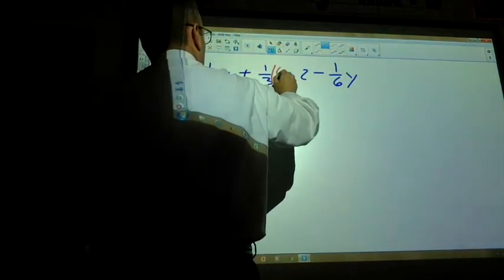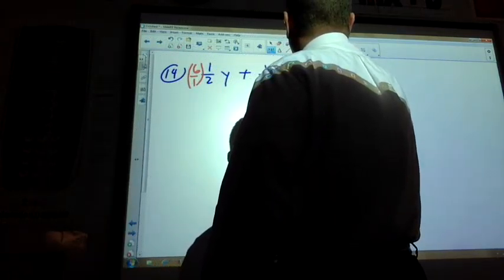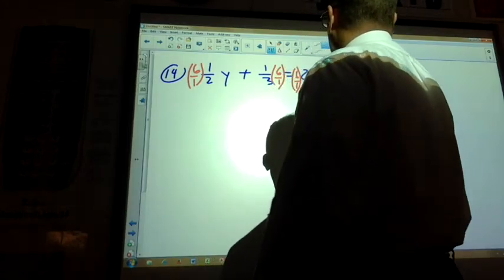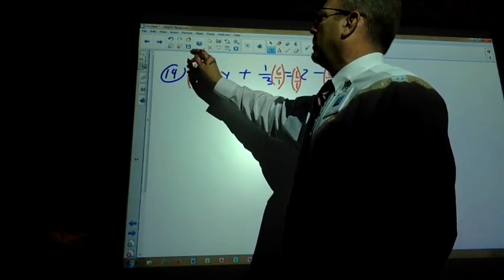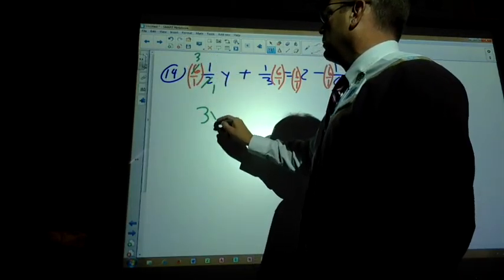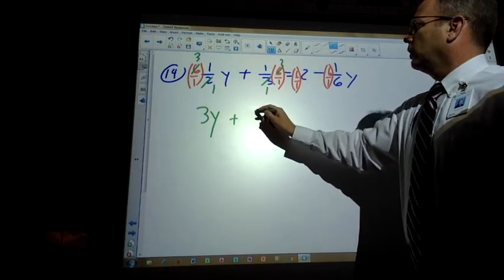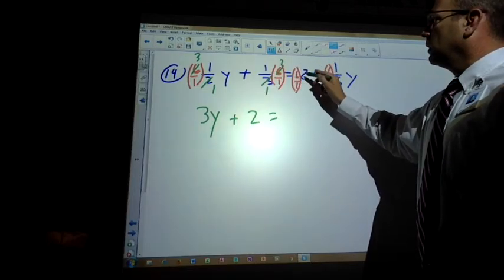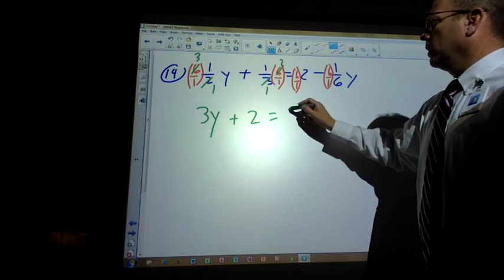I'll multiply that by 6 over 1. And this by... Why do you want negative? Because it's a negative one. Don't worry about that. We'll take care of the negative later. All right. So 2 goes into 6 3 times, so I get 3 times 1, which is 3y. So that's plus 2. What is this one? 6 times 2 is? 12. 12 over 1 is? 12.